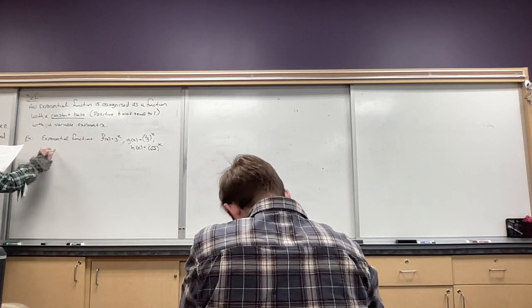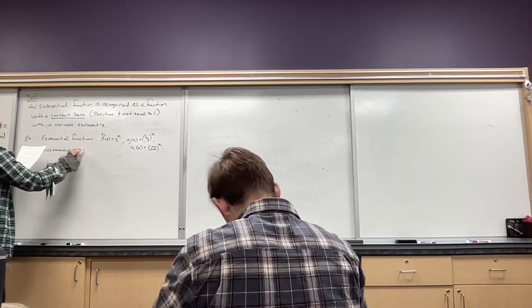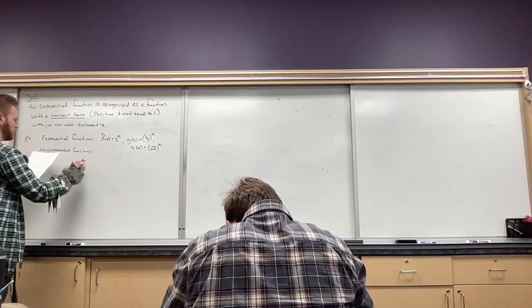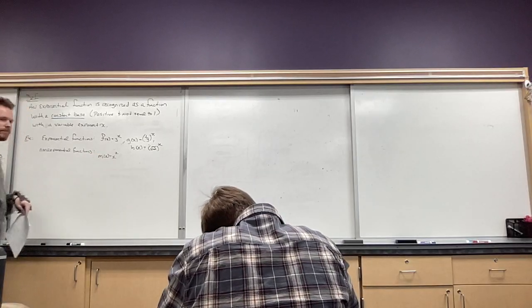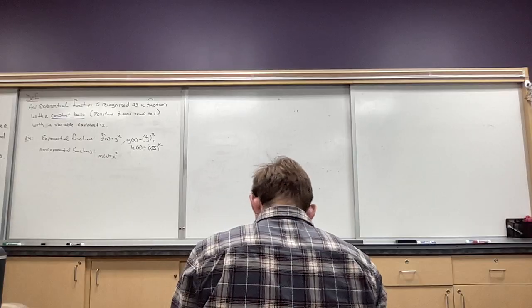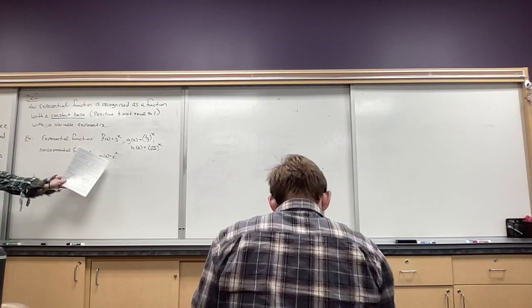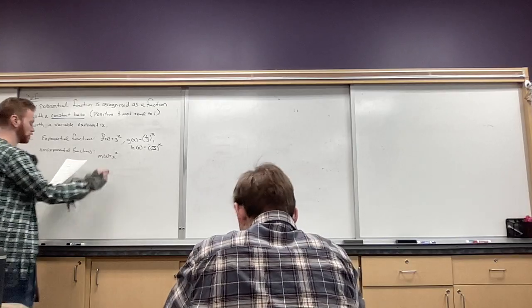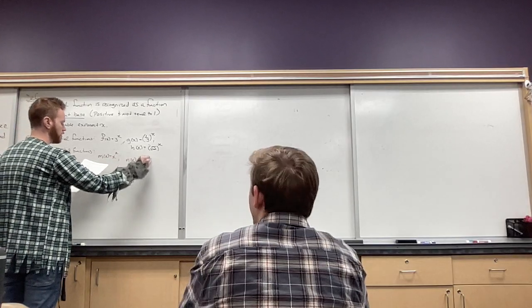And then non-exponential functions. Okay, so some examples would be m of x equals x squared. Now you might think, well, that kind of looks like an exponential, but the base isn't a constant. The base is a variable. So therefore non-exponential. n of x equals negative 1/3 to the x.